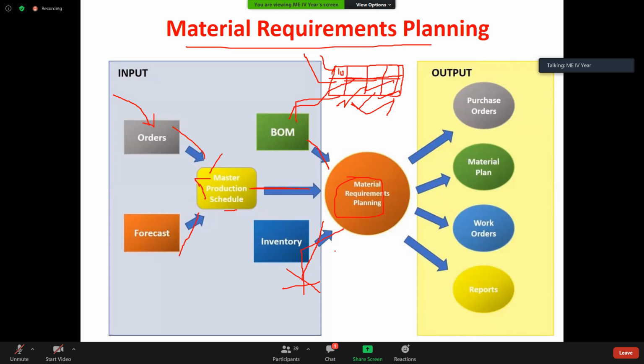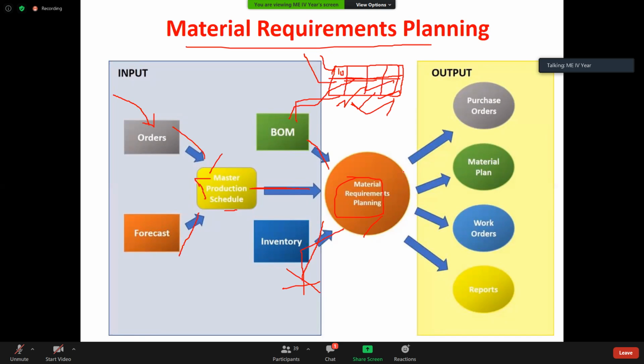That is why the inventory input is very important. So MPS, inventory, BOM, these three are inputs for the MRP. Now we received all the data and have everything in the system, either SAP or whatever, and we built the MRP system.